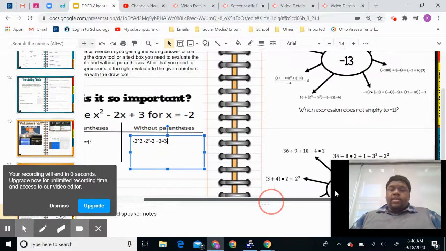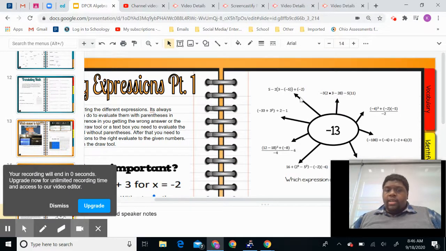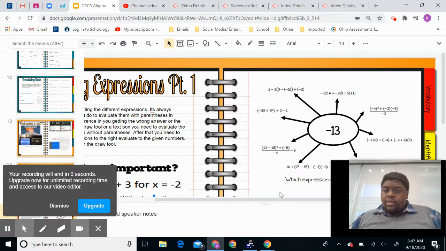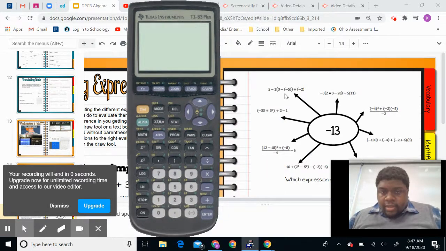Now, over here to the left and also on the second page, you have an expression that has an answer. This right here in the middle is an answer, and you have several expressions around it. What I want you to do is take the line tool, and underline which expressions give you -13 as an answer. You could go through, take your trusty calculator out, and evaluate them. So let's take a look at one of them just so that you get it. We're going to look at this one right here.